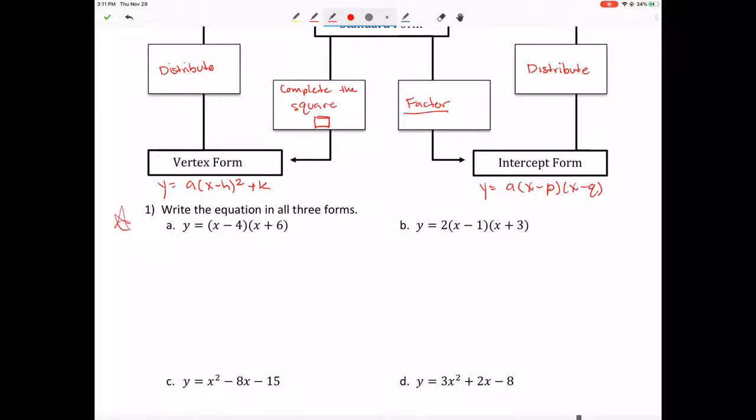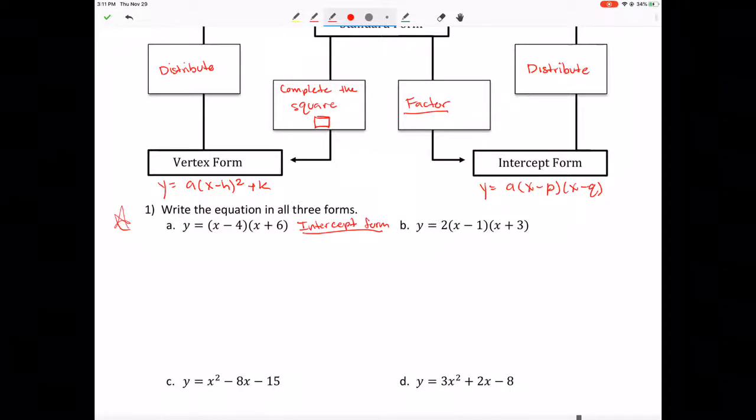So for A, this equation is in which form? And you can look at it and you would tell me, oh, Mr. Warner, it is in intercept form. Intercept form. Okay?